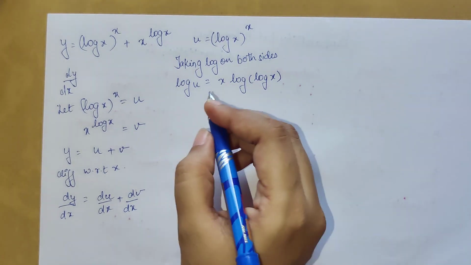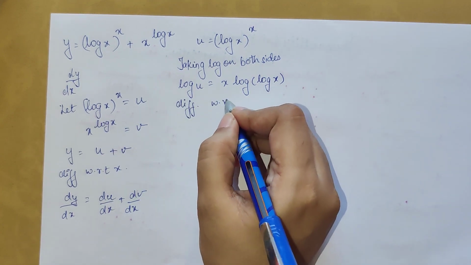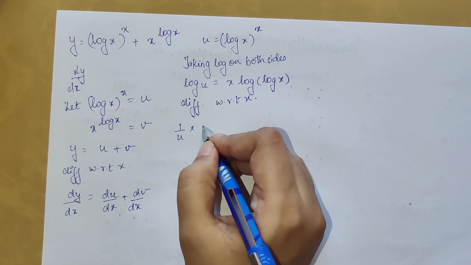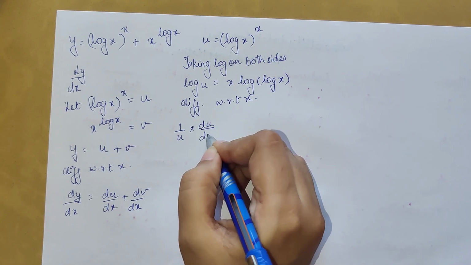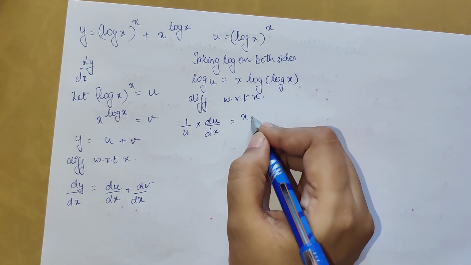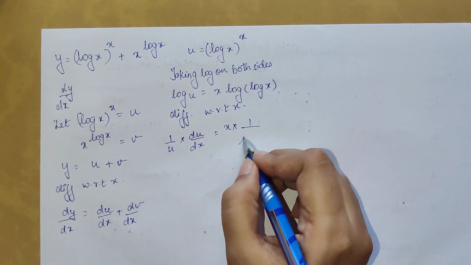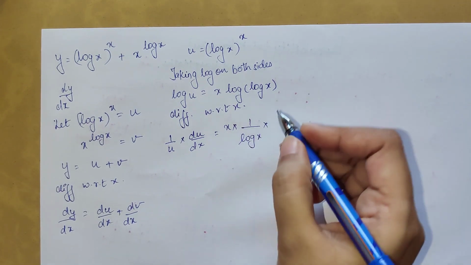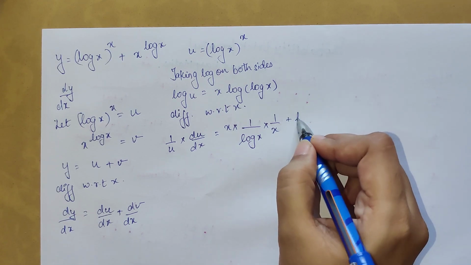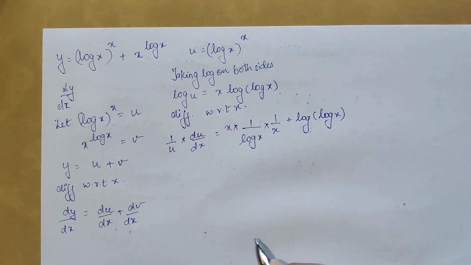Okay. So, differentiating with respect to x, we get 1 upon u into du by dx is equal to x into the differentiation of log x, which is 1 upon log x, into again the differentiation of log x, that's 1 upon x, plus log of log x into the differentiation of x, which is 1.